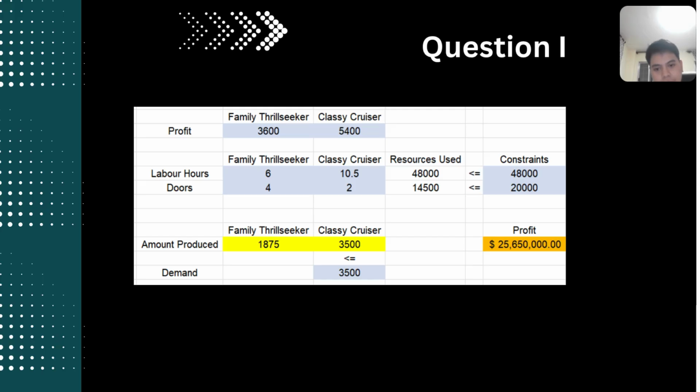As you can see here, Classic Cruiser has met the full demand of 3,500, which has the ending profit of 25,650,000. Comparing this to question A's 26,640,000, there is less than a 2 million decrease in profits, which means Rachel should go through with meeting the full demand.